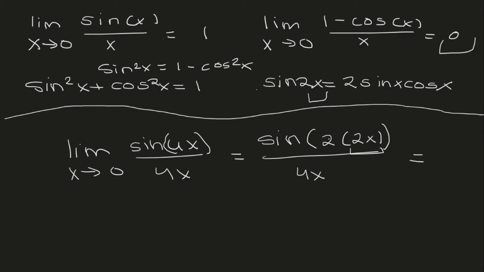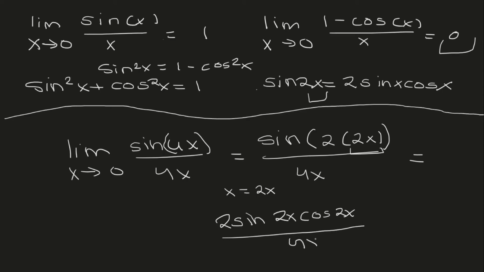And we can simplify that even further using this identity, which makes it 2 sine. In this case, x is 2x. So 2 sine of 2x times cosine 2x, all over the quantity 4x.